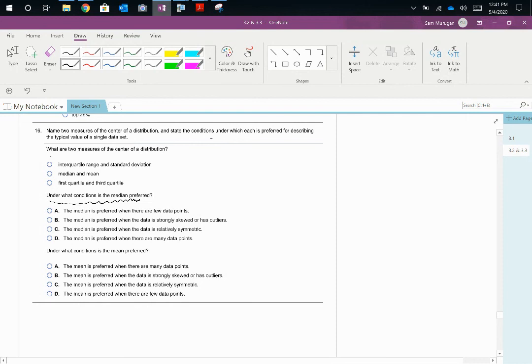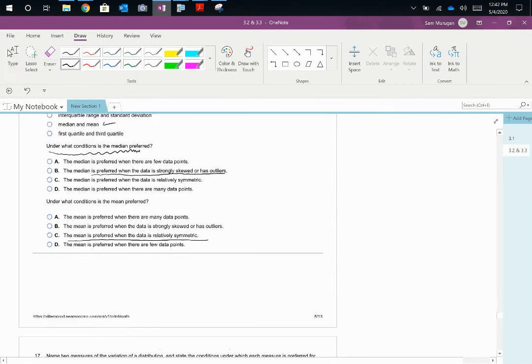Oh, I'm sorry. The 2 measures of the center of distribution would be the mean and the median. Okay. That's the 2 things we talked about. The median is preferred when the data is strongly skewed or has outliers, and the mean is preferred when the data is symmetric. This came from the notes for 3.1, 3.2, 3.3.